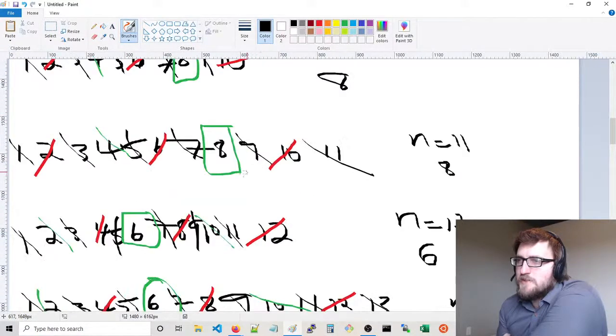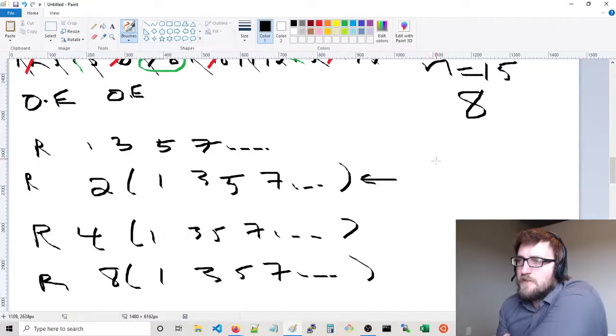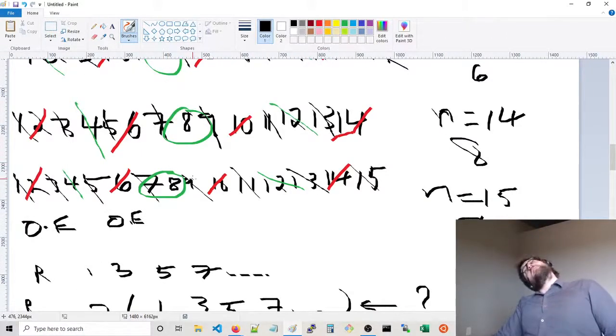Some cases it's 4, 8, 12. Just different from 2, 6, 10. Oh. So not always. So this isn't totally correct, what we're looking at here. It's not completely correct.